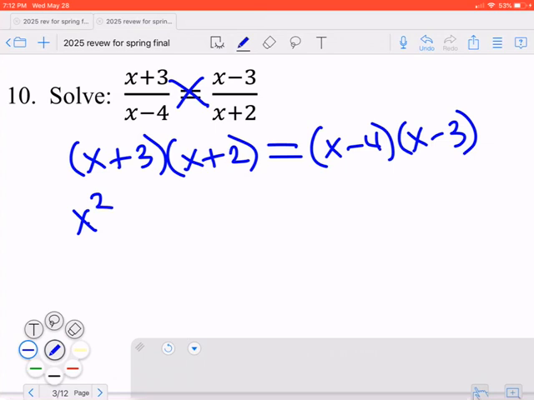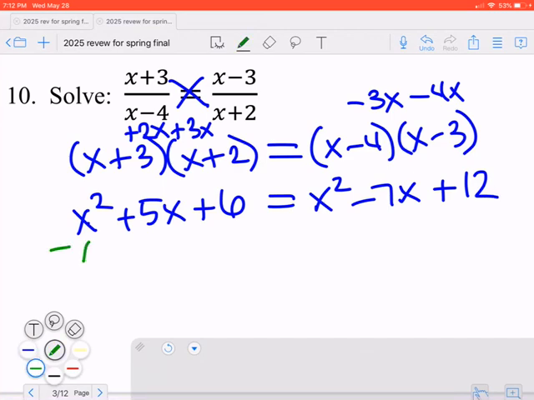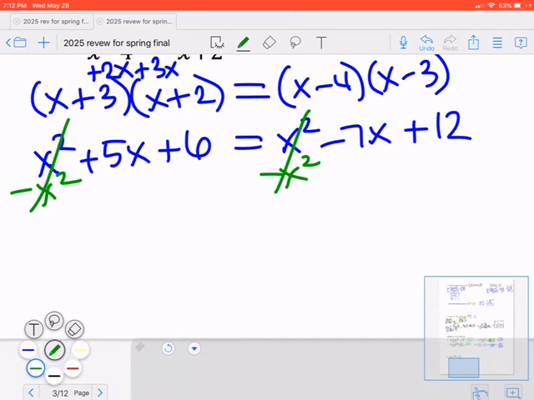X squared, outside is plus 2x, inside is plus 3x, giving us plus 5x. 3 times 2 is 6, equals x squared, outside and inside give us a minus 7x. Negative 4 times negative 3 is positive 12. We're going to subtract x squared from both sides. That's gone. 5x plus 6 equals negative 7x plus 12.